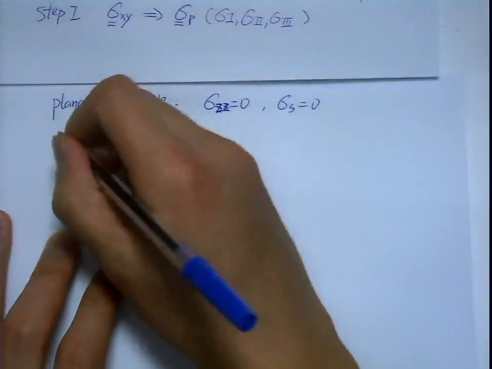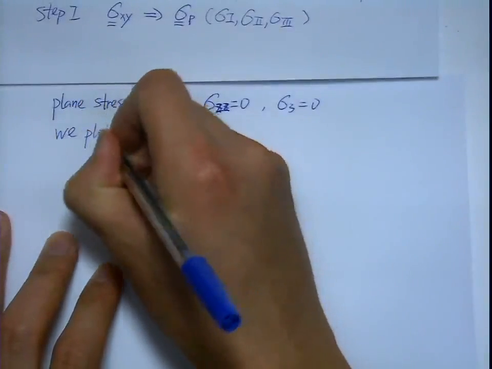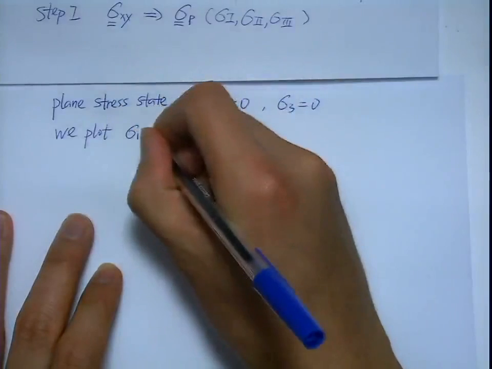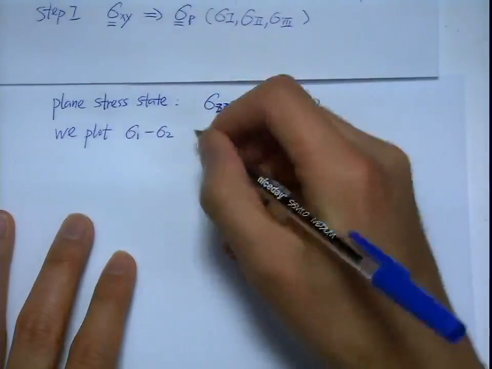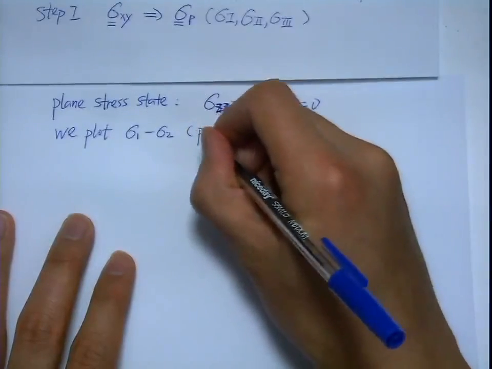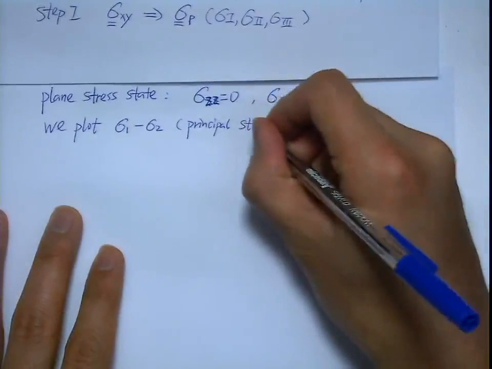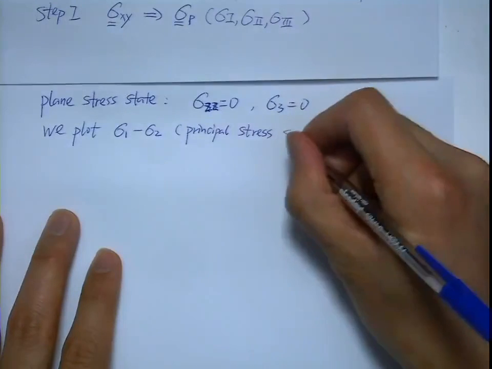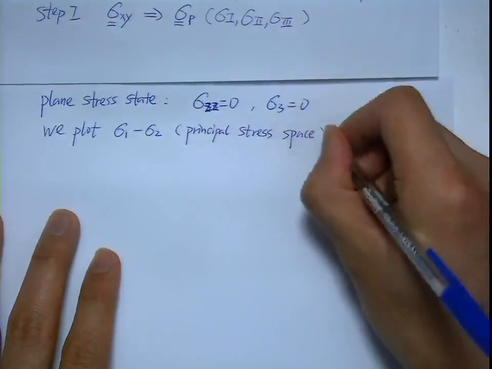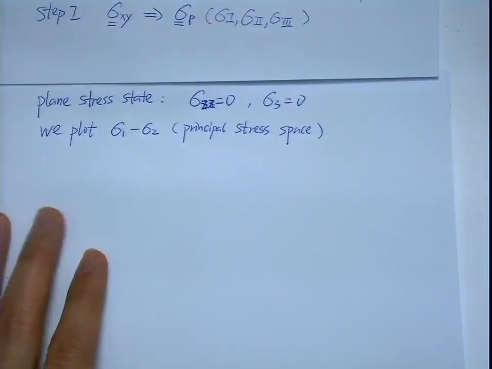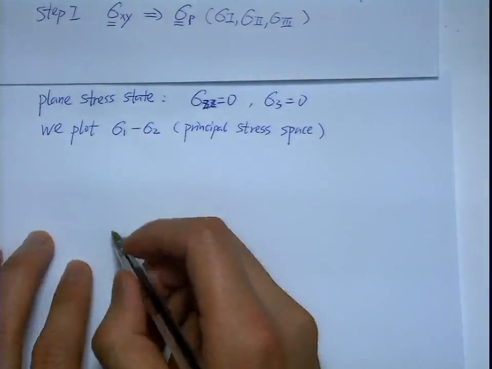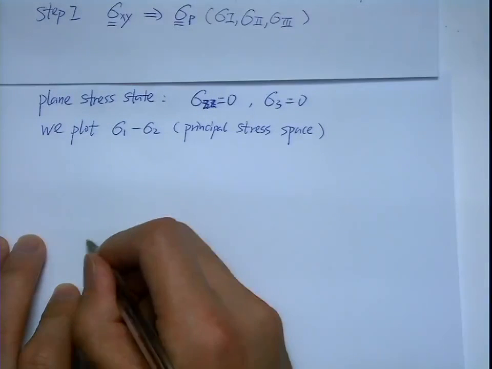Let's plot the sigma 1, sigma 2 relation, which is in a principal stress space. So now you have 2 axes.